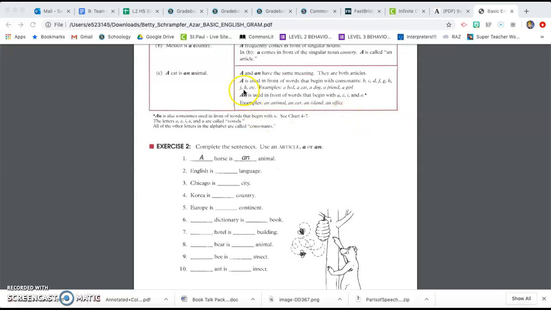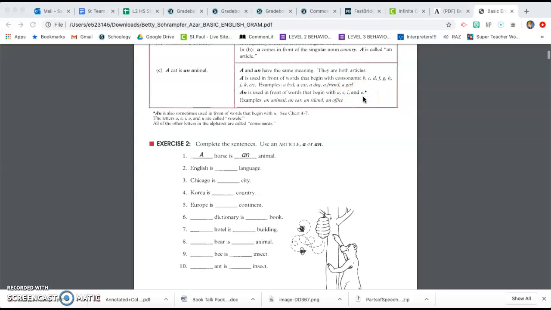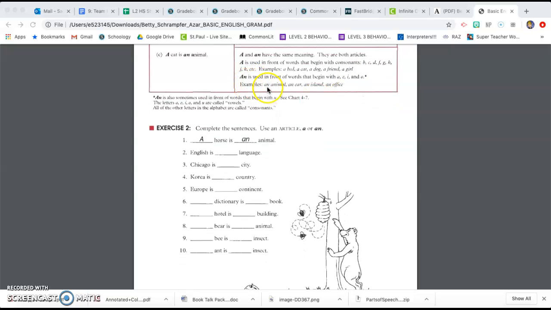But we use an in front of words that begin with A, E, I, and O. So for example, we don't say a animal, we say an animal. We don't say a ear, we say an ear. We don't say a island, we say an island. We don't say a office, we say an office. Because these words start with vowels. The reason that we do that is in English it's hard to say a animal. You need to break up the sound a little bit, an animal.